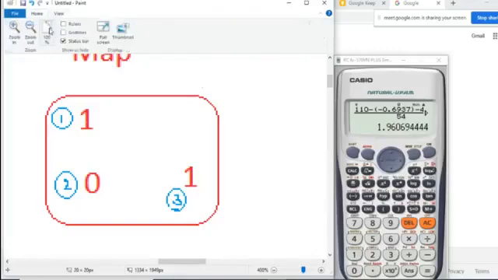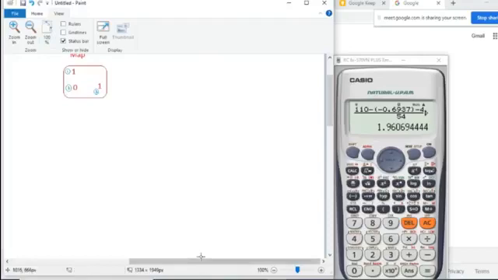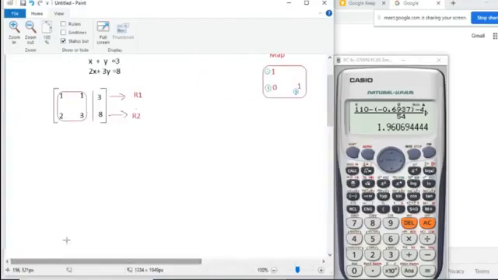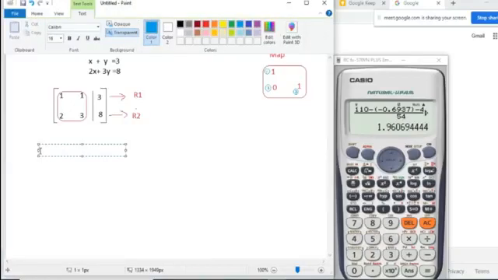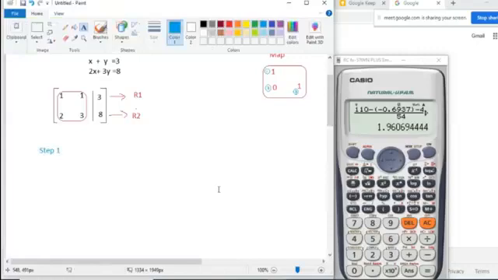Then let's now try to start. Try to help me and try to focus at the same time. It's very easy. In step 1, I would like to change this location to be what? 1. Here I have 1.